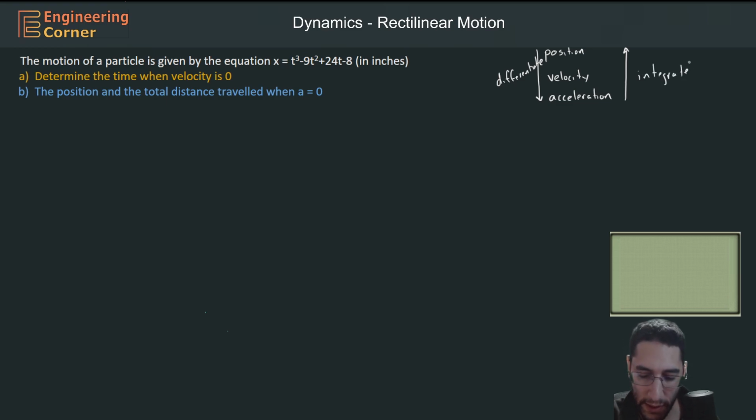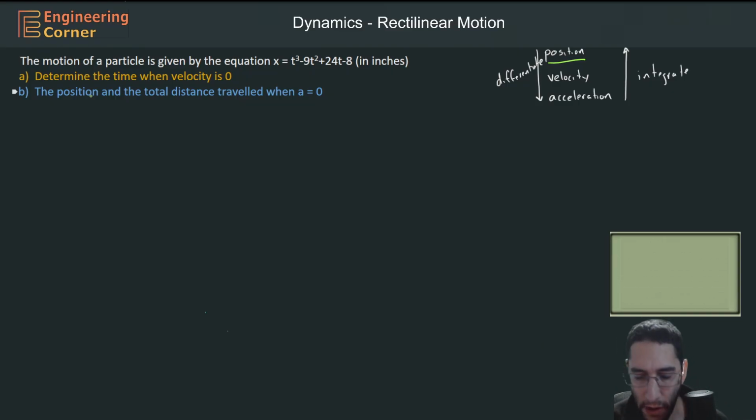In this case, we're given a position, so we want to figure out the velocity and the acceleration. So we're going to differentiate our function. And then we have some conditions for part A and part B.